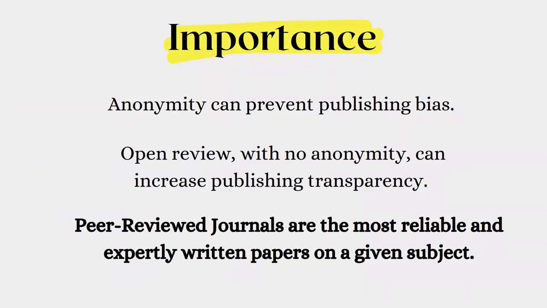Attempts to anonymize the process can help prevent bias in publishing. Increasingly, there is a push for open review with no anonymity in an attempt to increase the transparency of the publishing process. Peer-reviewed journals are the most reliable and expertly written papers on a given subject.